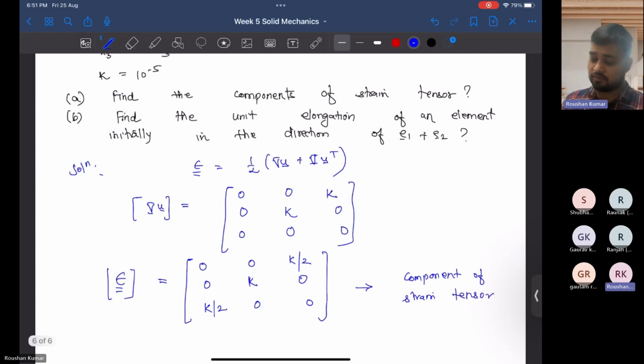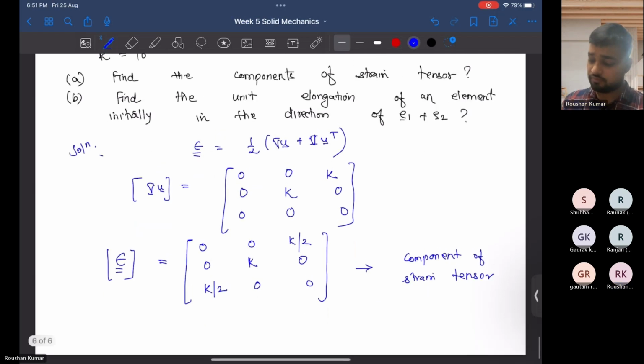Now the second question is: find the unit elongation of an element initially in the direction of E1 plus E2. So basically we have to find the longitudinal strain along this direction.